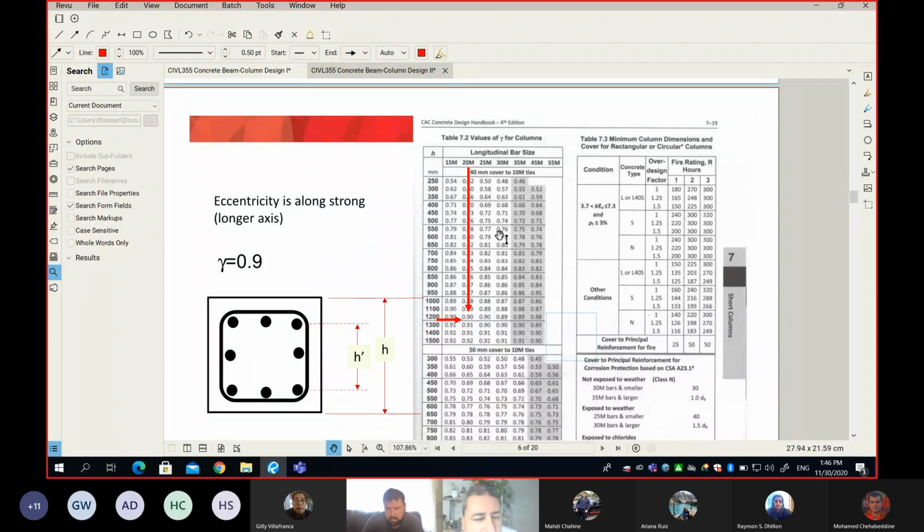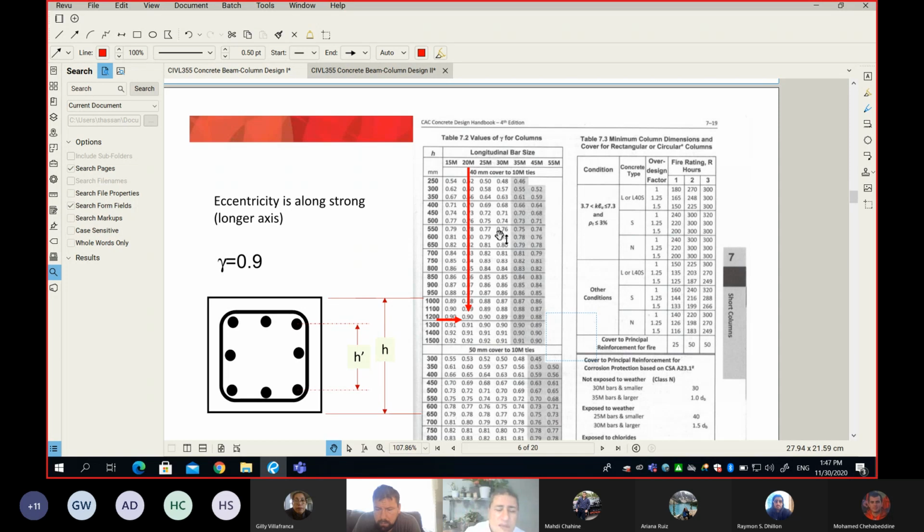Some of them are designed for different gamma. Some of them are designed for different rebar layout. And some of them are even designed for different shape, like a square or circular. That's why we have to get some parameters before we pick one of the interaction diagrams. Now, one of the parameters is your gamma, and not very difficult.